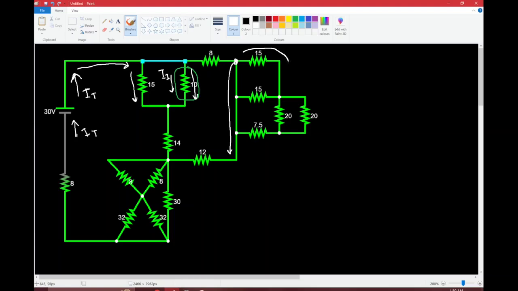It's only going to move down this line because, well, it could move down this line over here like that, but the electricity is only going to move down this short circuit because there's no resistance along this line here, right? So it's going to totally circumvent this network of resistors.